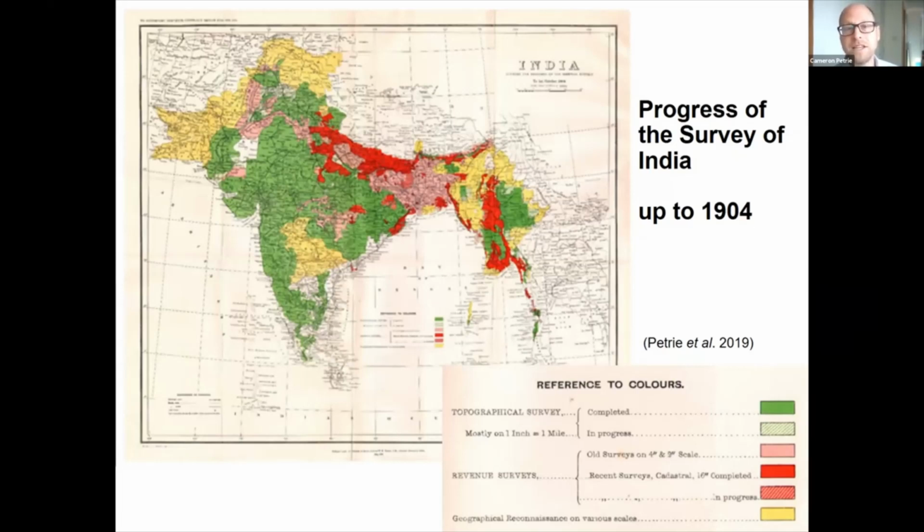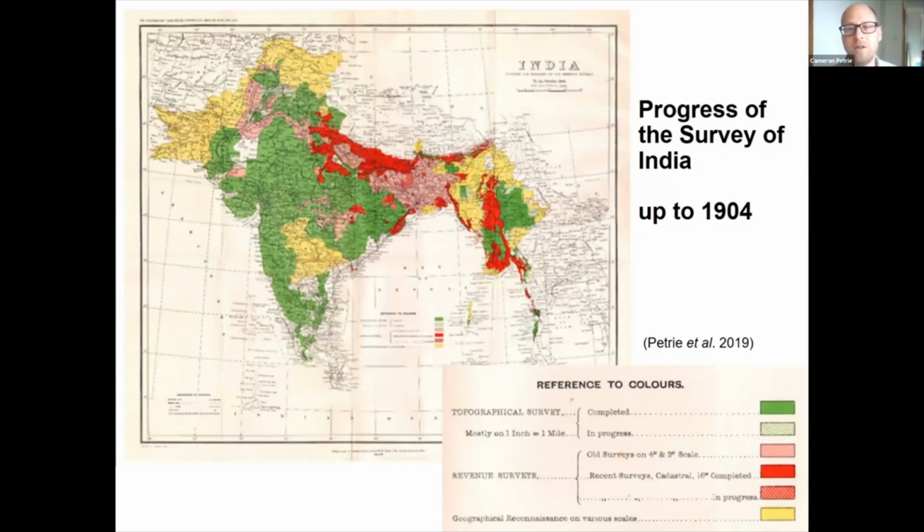But in addition to that type of, in many ways, scientific information, there were complementary surveys that analyzed the topography of the landscape. And these were also combined with revenue surveys, which were designed to assess the economic output of farming land and the landscapes. Now, these surveys were carried out over many, many decades, and inevitably progressively, one small region at a time.